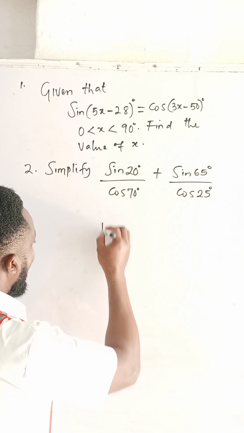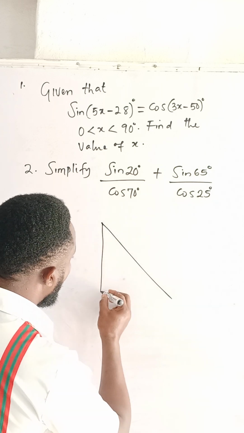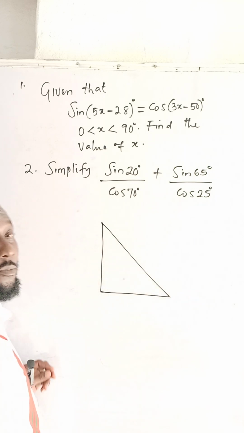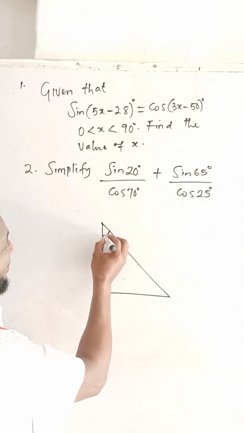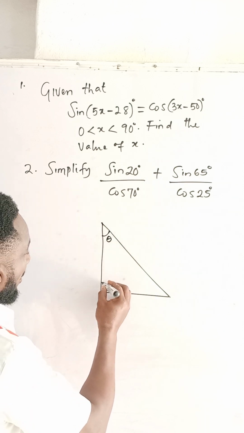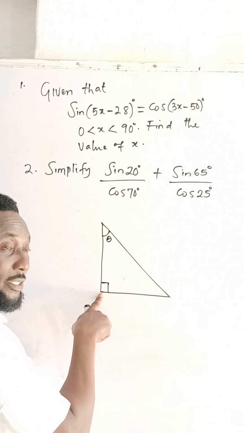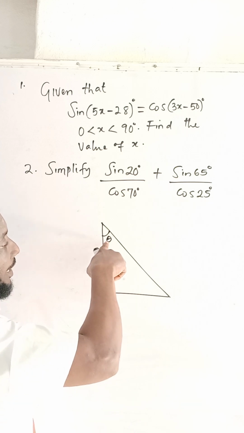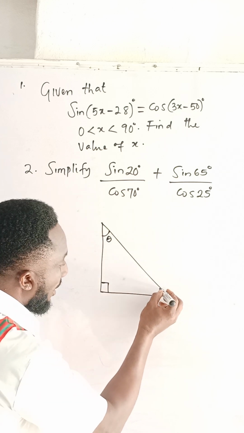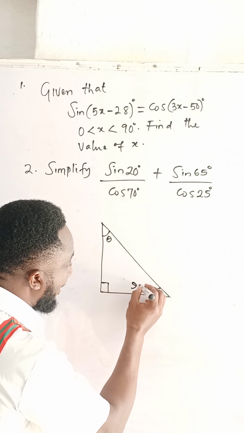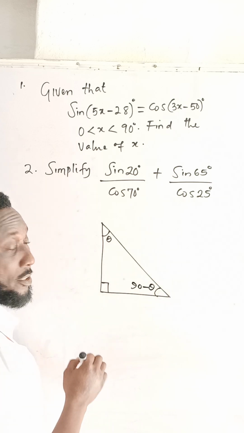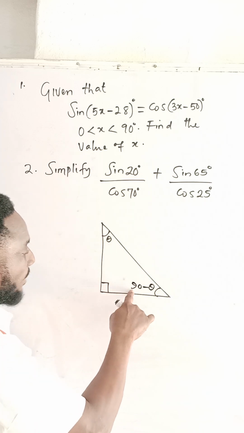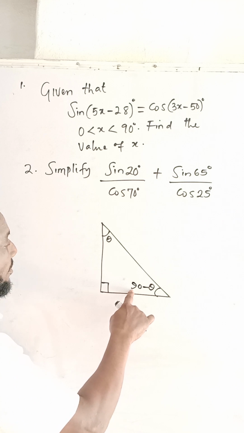Now if you look at a right angle triangle that we are used to, the angle here is theta. We already know that this is the right angle, 90 degrees. So if the angle here is theta, then the angle here becomes 90 minus theta, such that theta plus 90 minus theta will give us 90 degrees.